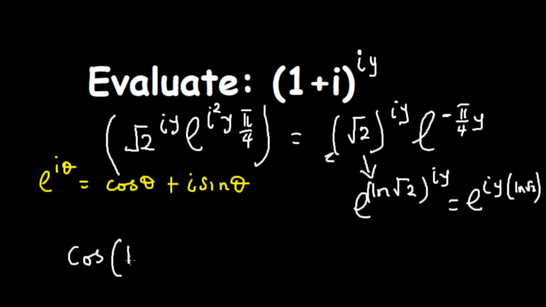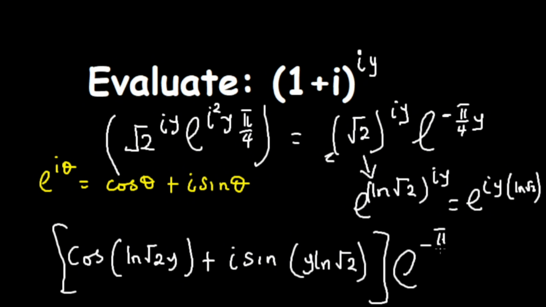Everything like e to the i is still intact. Then plus i sine theta, which is ln 2 y. Okay, so don't forget that's not all about the question. There is still exponential minus pi over 4 y. That will be your final answer.